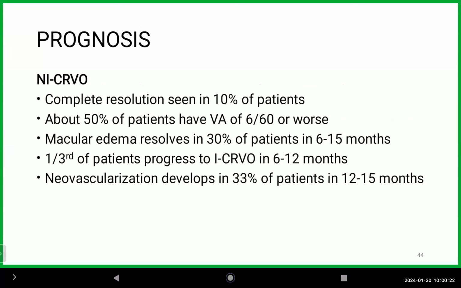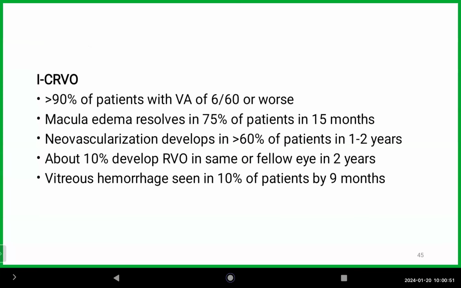But in about 50% of patients, they have visual acuity of 6/60 or worse. They may also have macular edema in 30% of patients within 6 to 12 months. Then 1/3 of patients progress to ischemic central retinal vein occlusion in 6 to 12 months. And neovascularization develops in 33% of patients in 12 to 15 months.